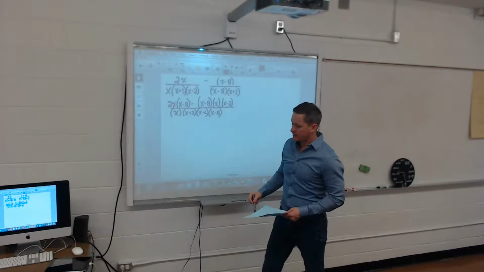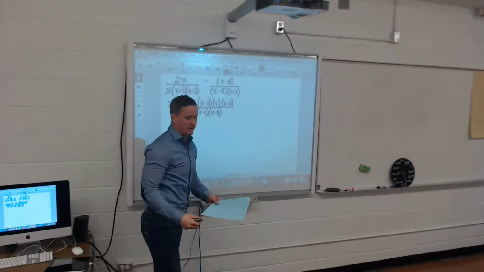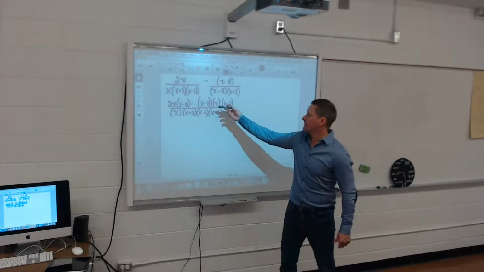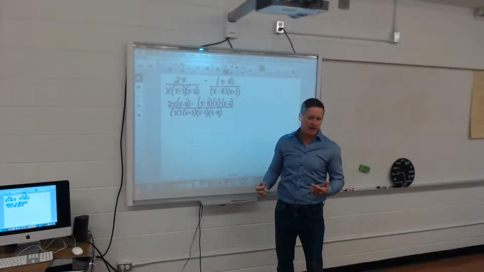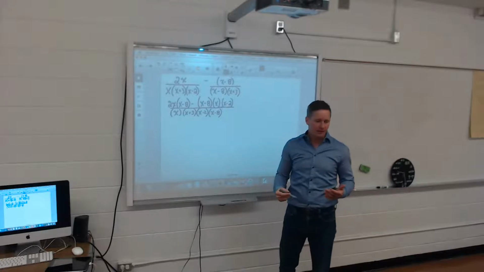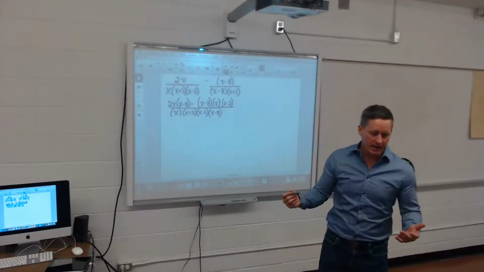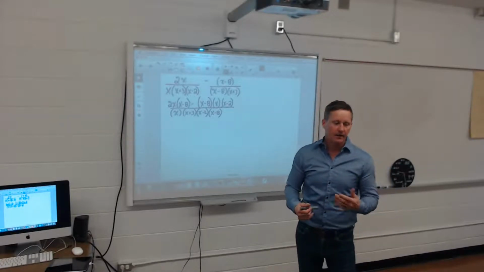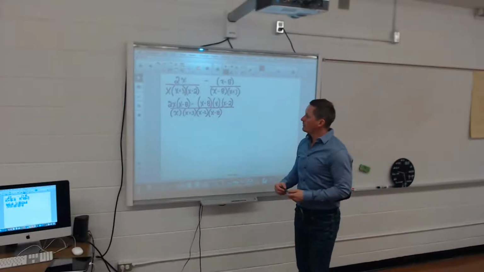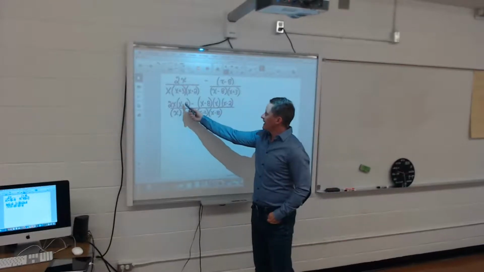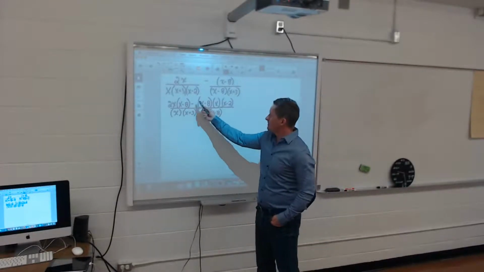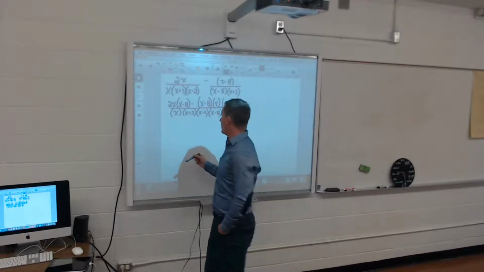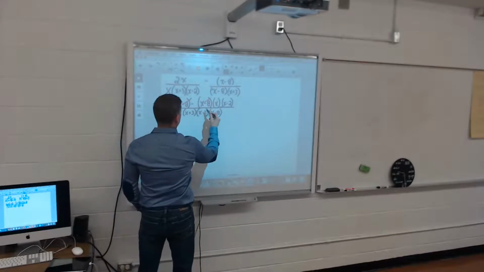If you were to do this out, you would have multiplied this out and got a cubic function, which would have made things fairly difficult because then you would have to factor out an x again. But I'm going to show you something. This x minus 8, this x minus 8, because both those terms have x minus 8, I can cancel them with the bottom one. So I didn't really need this.